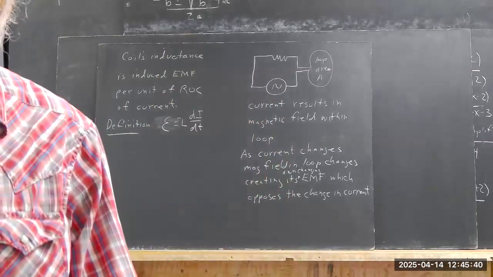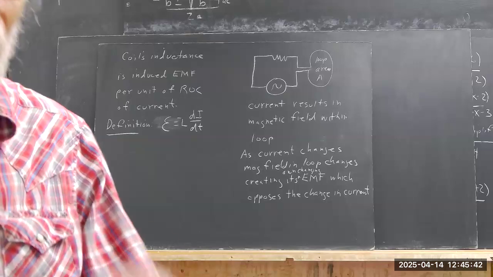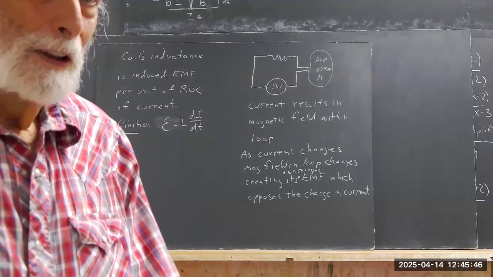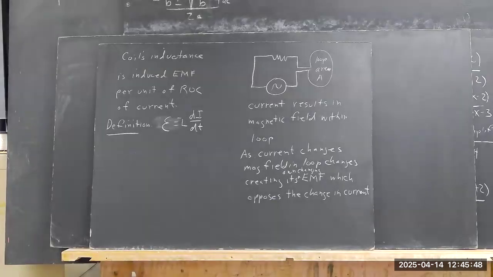If your current is decreasing, it tends to fight the decreasing current with an EMF in the opposite direction.